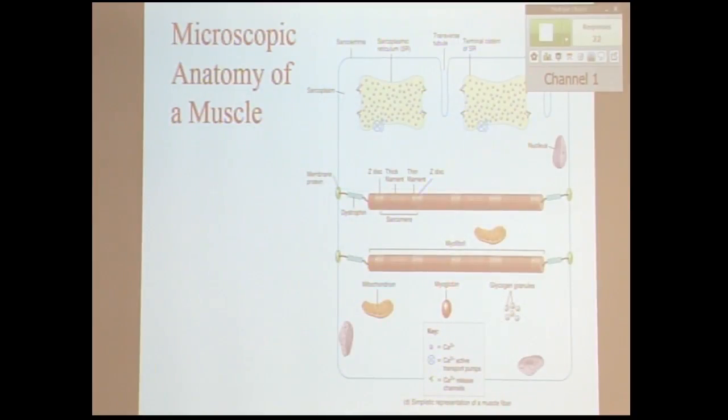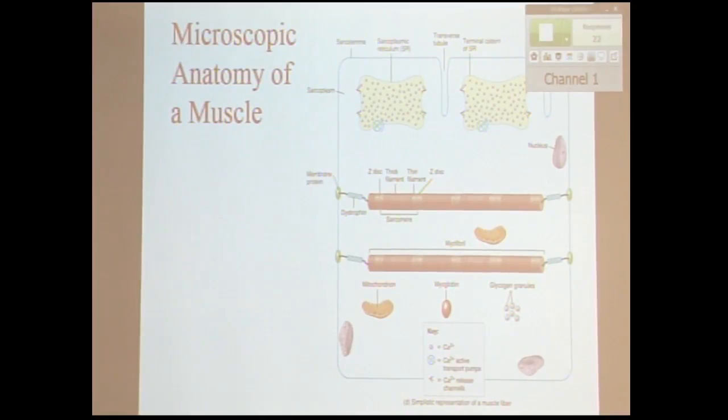All right, so I'll just go through these a little bit, and then you're going to be drawing it, because I know there's lots of crazy vocabulary and structures up there. So this is a diagram. I have one muscle cell. So you've got in blue the cell membrane, and if you notice, there's these special proteins here, membrane proteins.